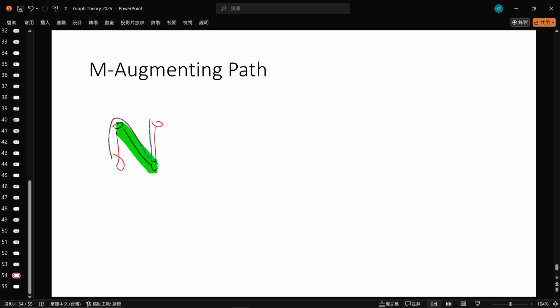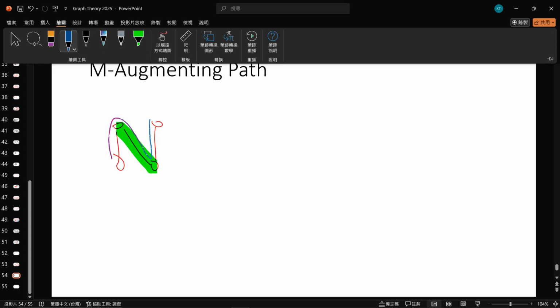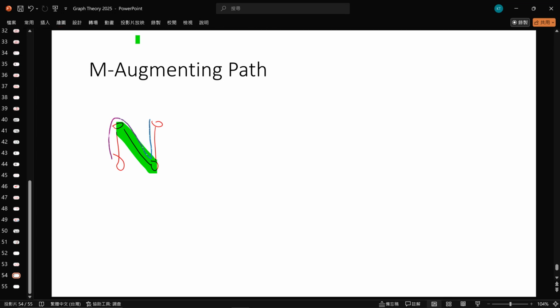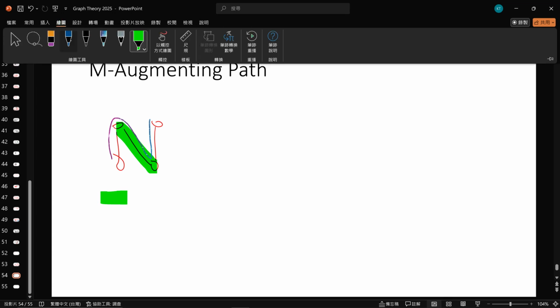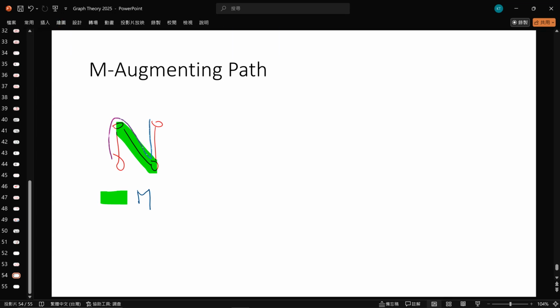So it is alternating between edges in the matching and edges not in the matching. Let's call these green edges M. So we have a matching M and want to find a larger matching.